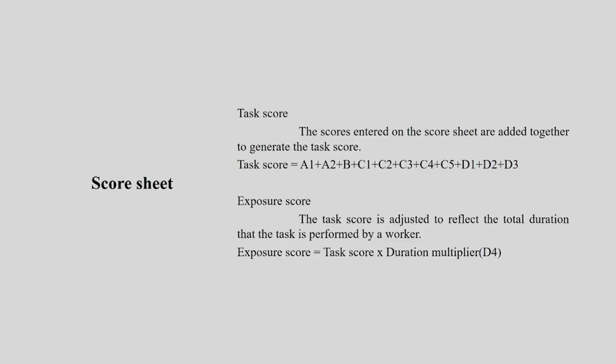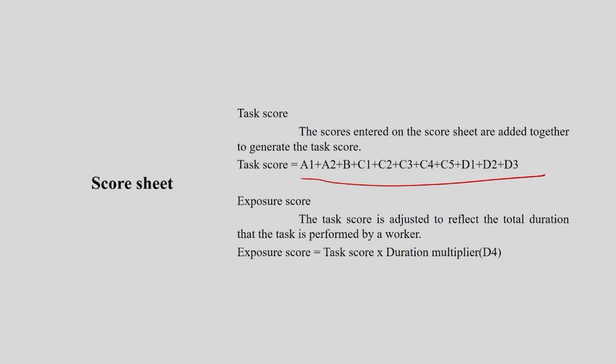So the task score will be the addition of the scores that we gave during our data collection: A1 plus A2 plus B plus C1, C2, C3, C4, C5 plus D1, D2 plus D3. All these scores that you have collected or ticked in your data collection, you have to sum up. Okay. So that is all about the task score.